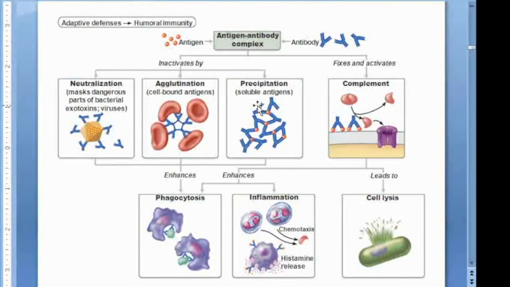It changes whatever was dissolved to insoluble, not dissolved. Let me rephrase that. It's a soluble antigen. It settles out in the solution, is what I'm trying to say.